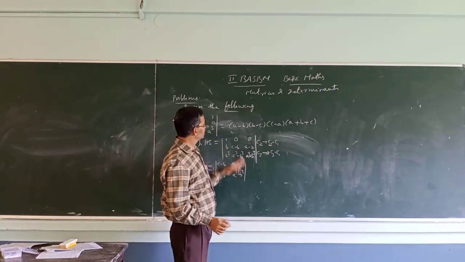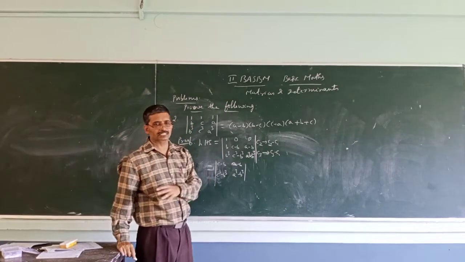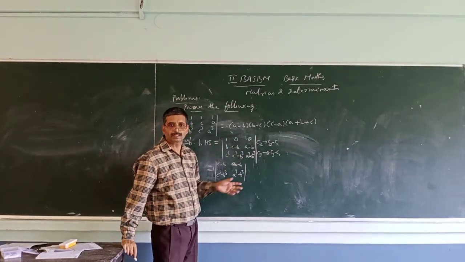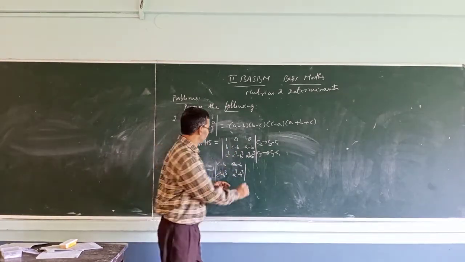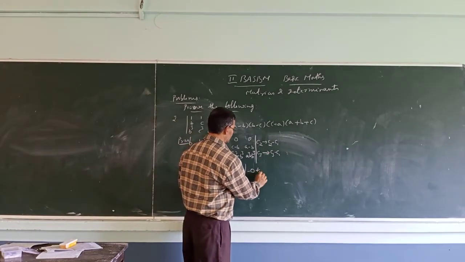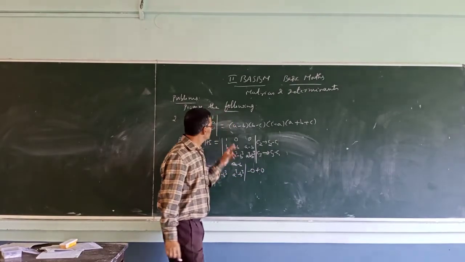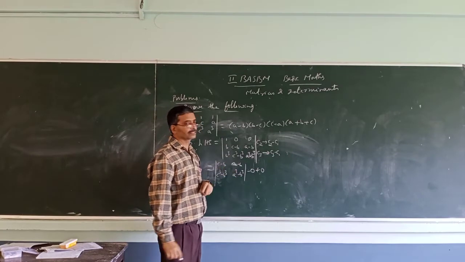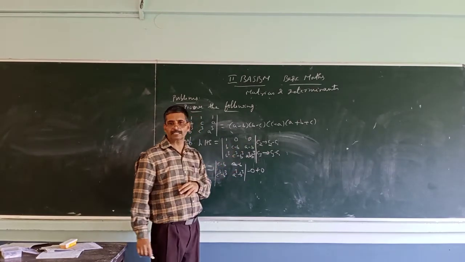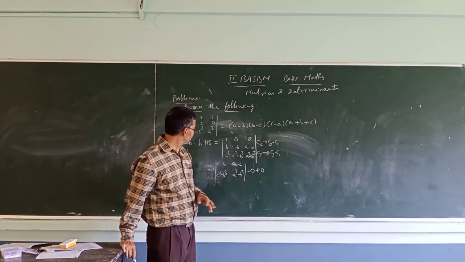Other things are 0, 0: minus 0 plus 0 into determinant plus 0. If you want, you can write minus 0 plus 0. It doesn't change anything, because it is minus 0 into the remaining determinant plus 0 into the remaining determinant. So that doesn't affect.